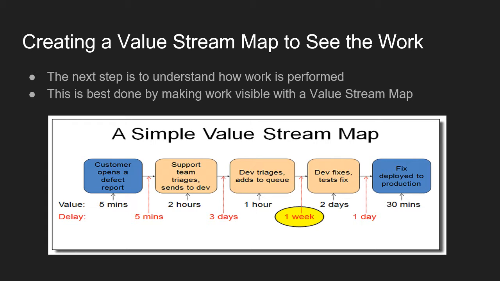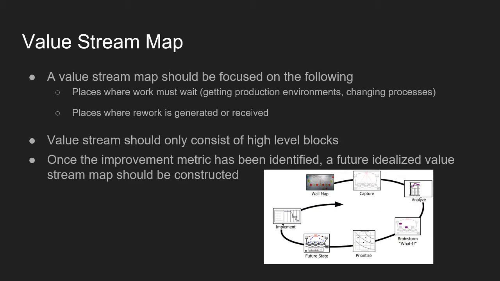One of the important things we need to do is create a value stream map to see how the work is going. We need to understand how the work is performed, and this is best done by making the work visible, as we saw in the last chapters, and we're going to keep seeing a little bit more of this.